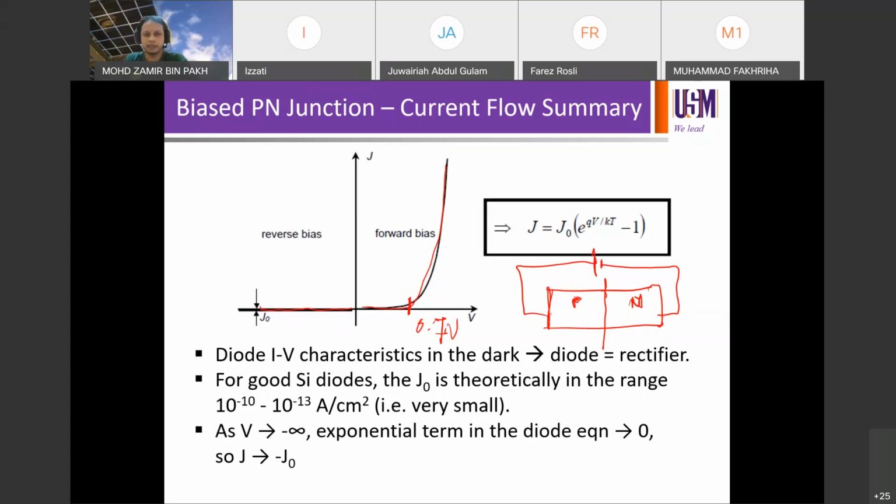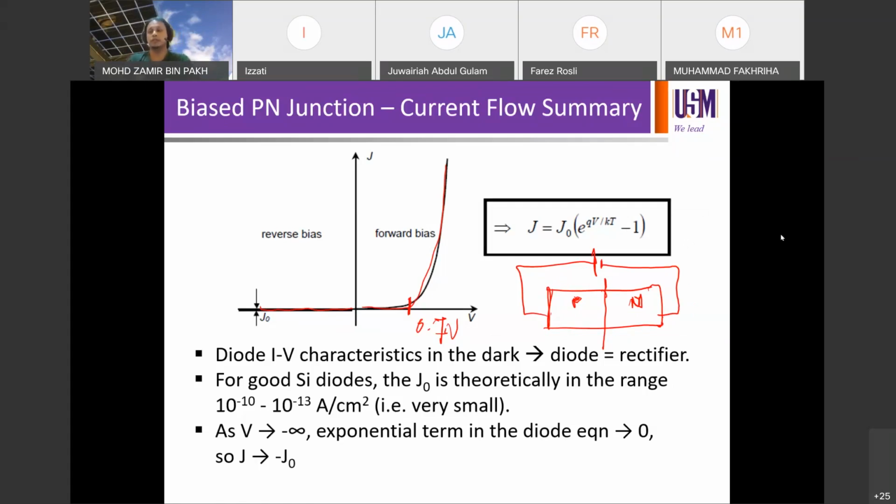And we've also discussed that, on the other hand, if you swap the polarity of the supply, which means you are supplying positive voltage to the N side and negative voltage to the other side, the diode will not be on, right? Because it's in reverse bias mode.